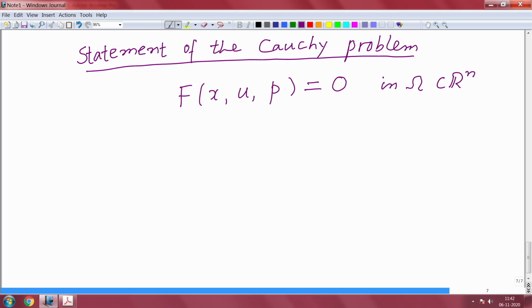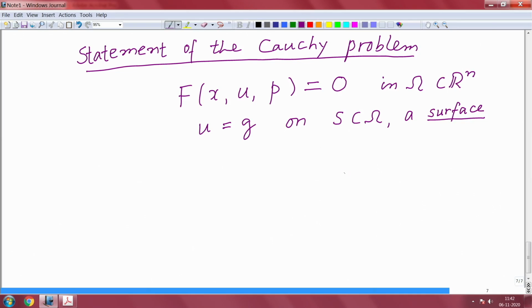And we are given u equal to g on S, where S is a surface in omega. Again, let me repeat that a surface for us is a hypersurface, an n minus 1 dimensional surface.